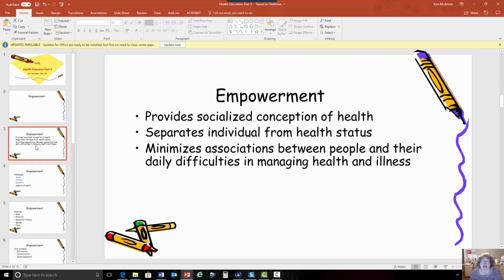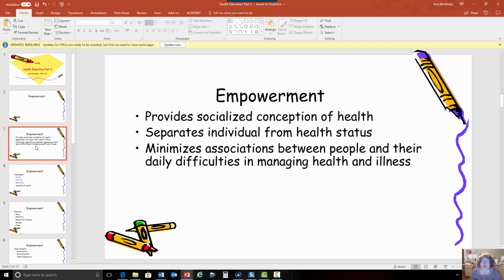So empowerment is the act of giving people the tools that they need to make good decisions about their health, also giving them the information and helping them gain control of their health care and of their state of being, their health. We focus our empowerment in general on our vulnerable populations who may not have the tools that they need or have the information that they need to improve their health.